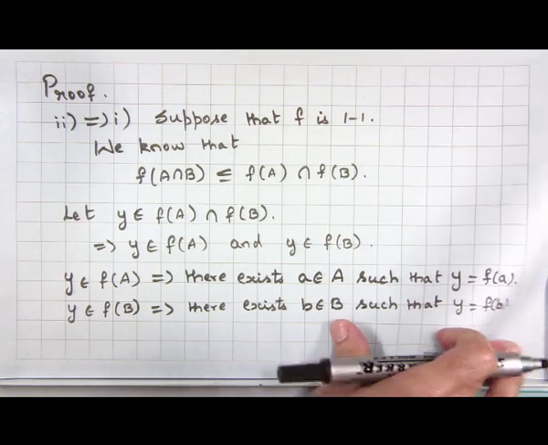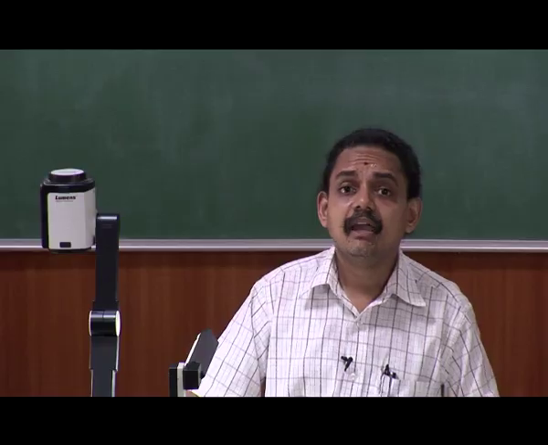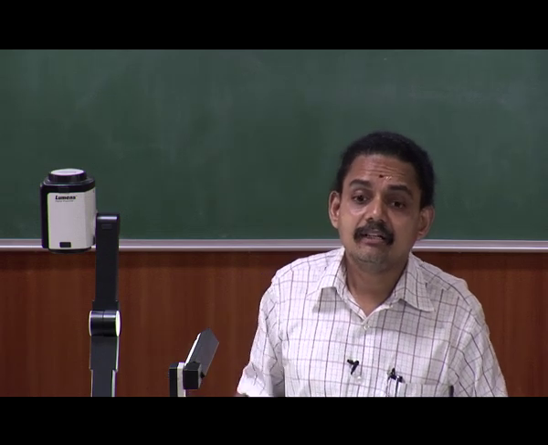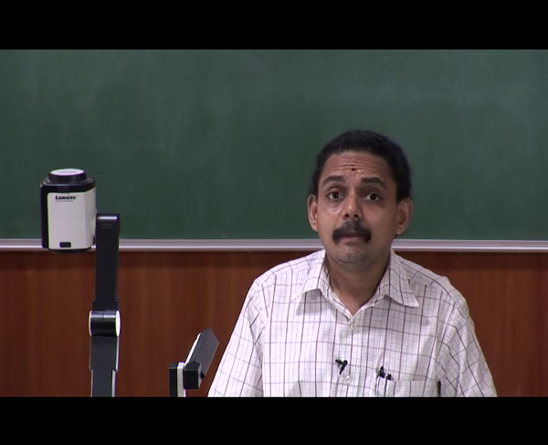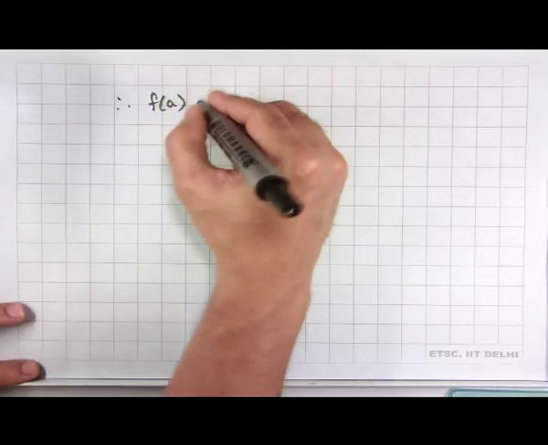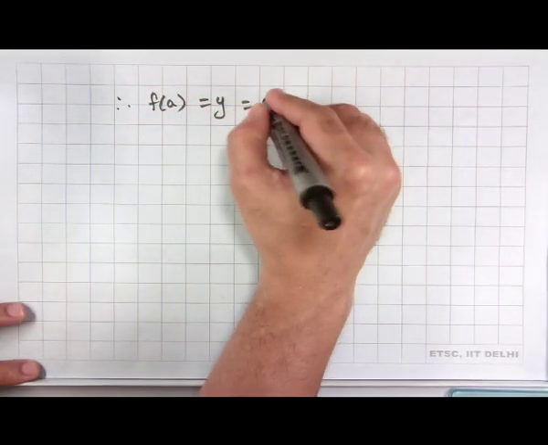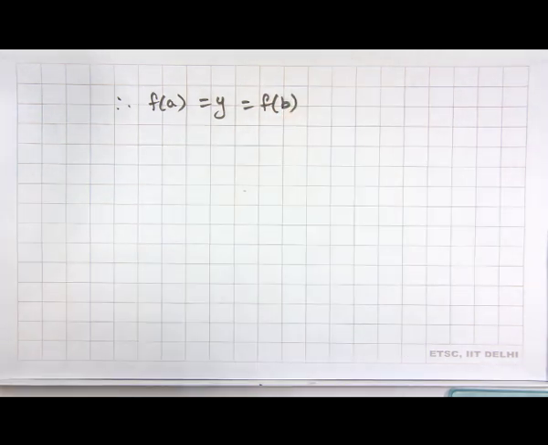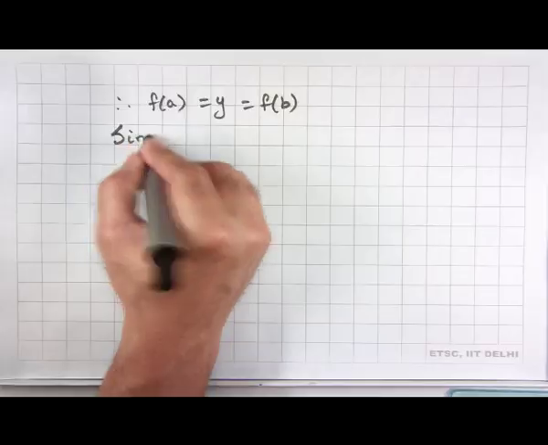Now, what we have is an element a in A such that y is of the form f of a, and similarly we have an element b in B such that y is of the form f of b. Therefore, what do we have? f of a equal to y, which is also same as f of b. So, what we have is f of a equal to f of b, since f is 1 1.